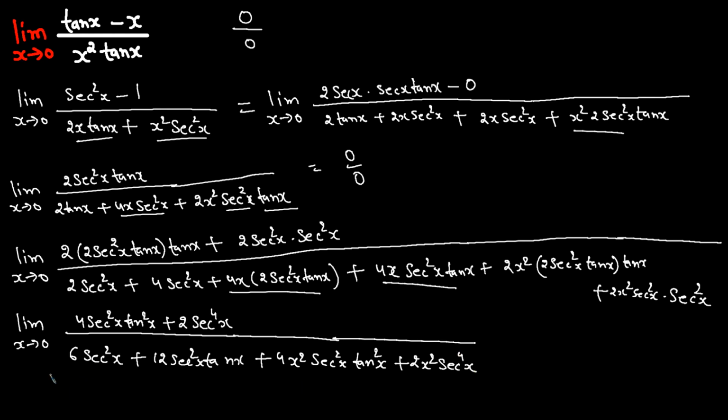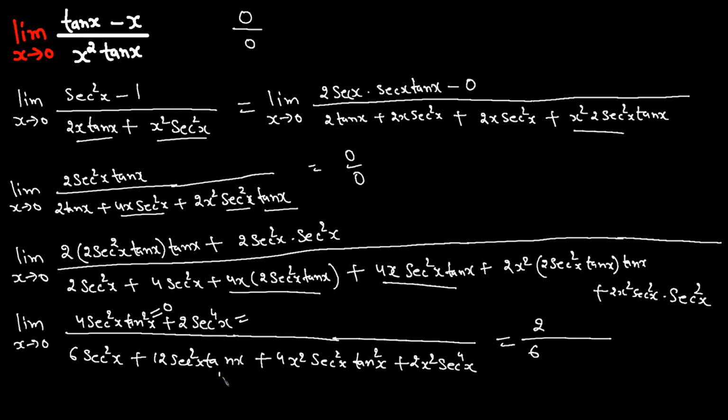Okay, now plug in x equal to 0 in this and see what we get. When I plug in x equal to 0 in the numerator, this part over here gives me 0. So in the numerator I'm left with this part, and secant 0 is 1, so this gives me just 2 in the numerator. In the denominator, when x is 0, secant is 1, so I got 6.